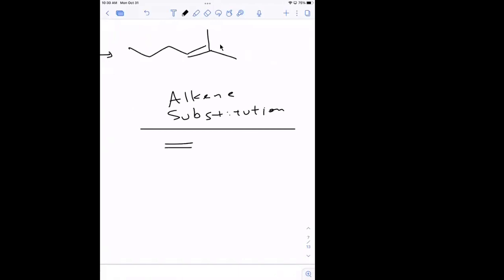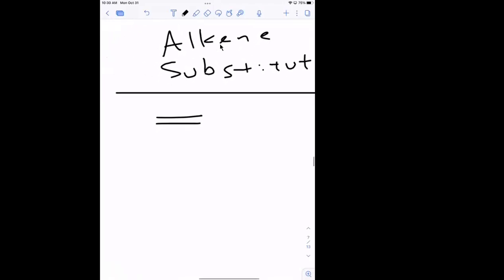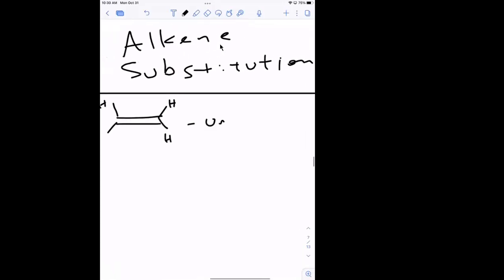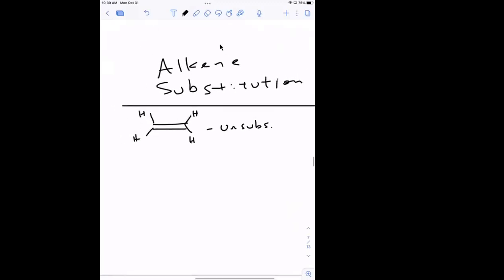So if you have an alkene like this, which is all hydrogens attached to it, this is considered unsubstituted. It's all hydrogen, it's unsubstituted. If I add one carbon, then it's mono-substituted.